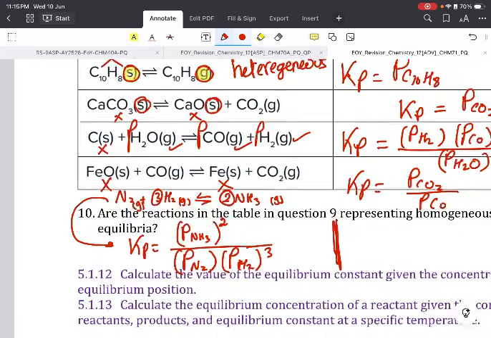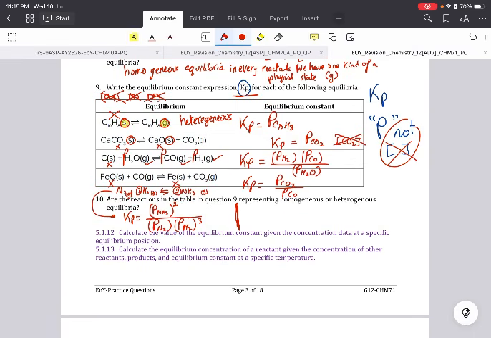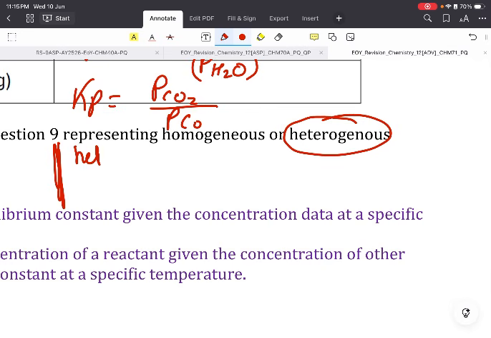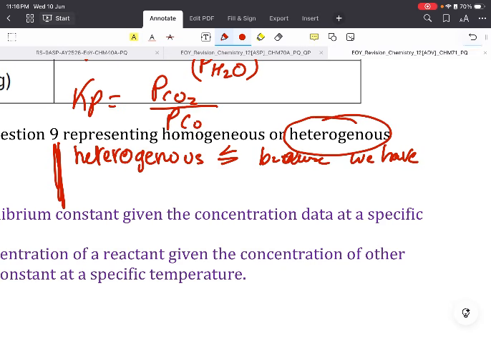Now, are the reactions in the table of question 9 representing a homogeneous or heterogeneous equilibria? As I mentioned, they are representing a heterogeneous equilibrium because we have multiple different physical states, more than one physical state.